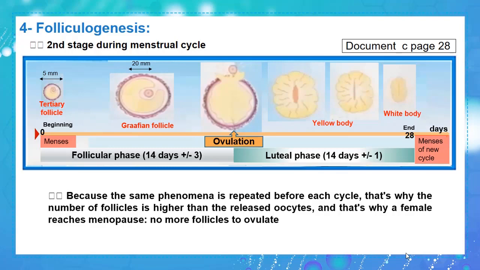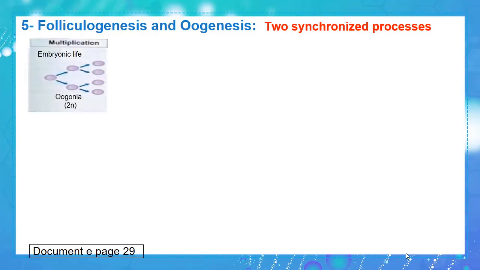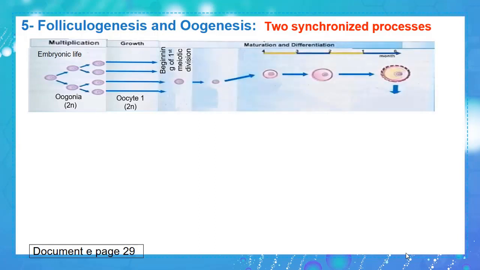So you can see in a female we cannot talk about oogenesis without talking about folliculogenesis at the same time, because they are two synchronized processes. Before birth, oogonia multiply until reaching birth, the period where multiplication stops and the growth phase begins, where oogonia become oocytes 1 blocked at prophase 1 of the first meiotic division.